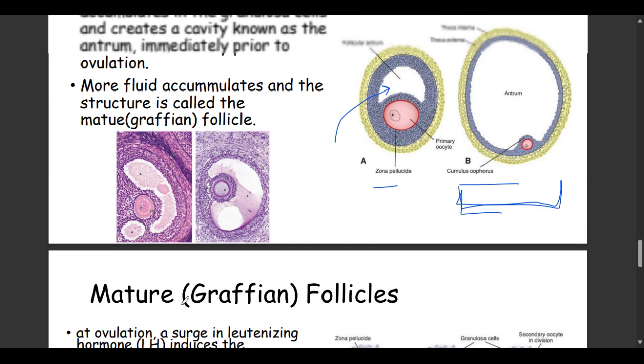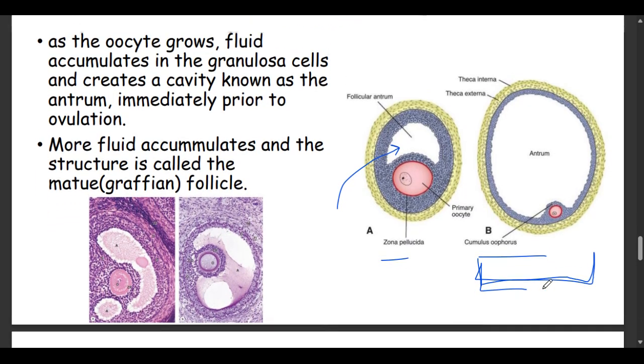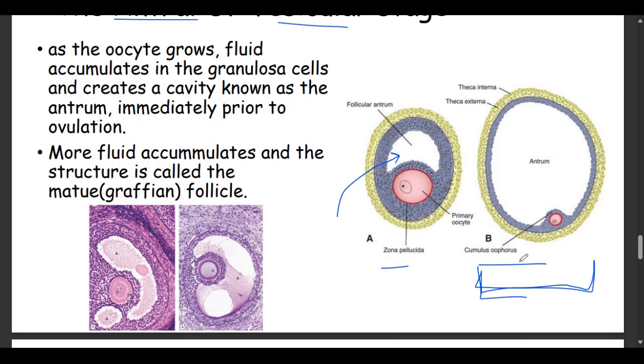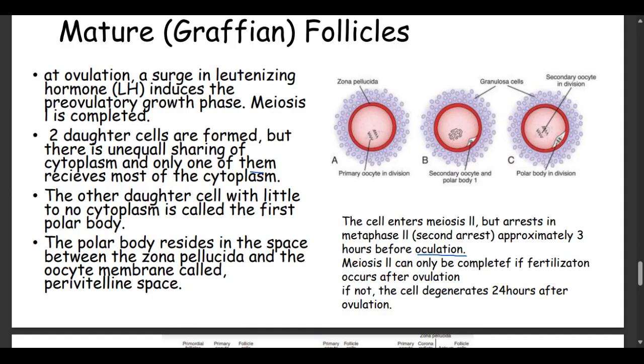The polar body resides in the space between the zona pellucida and the oocyte membrane called the perivitelline space. So if you go back to this picture again, what we are simply saying is that after the antro or vesicular stage, the mature oocyte is going to begin meiosis 2, but it will be arrested at the second stage, which is metaphase 2.